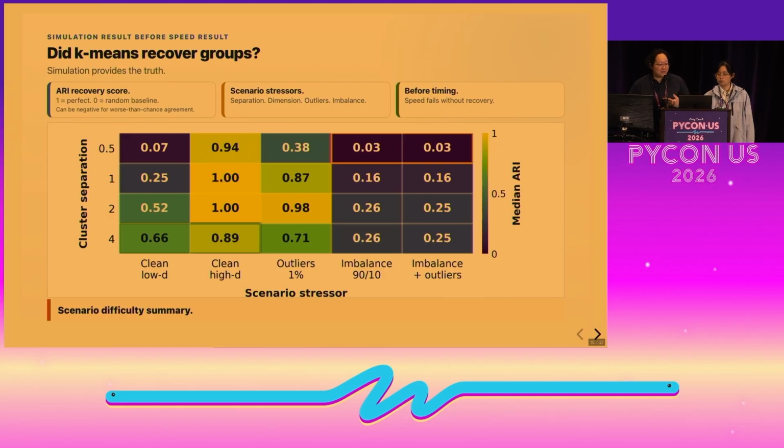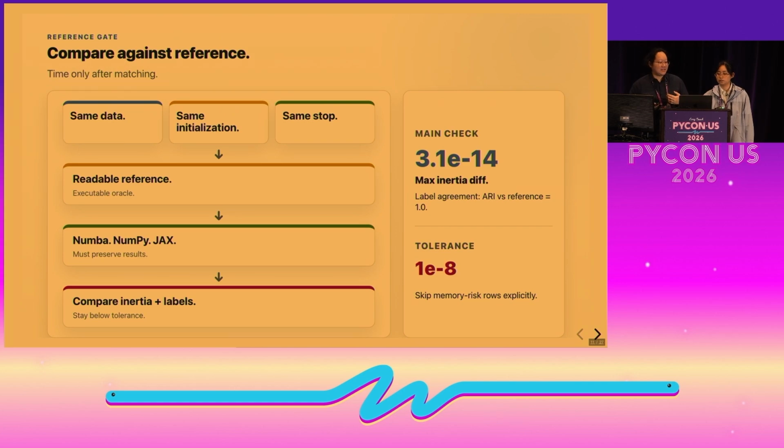We will directly move to the validation check that we use to ensure our optimized code produces the same result as our reference implementation. As previously mentioned, we use the same data, same initialization, same stopping criteria, and the same objective function to validate our implementation.